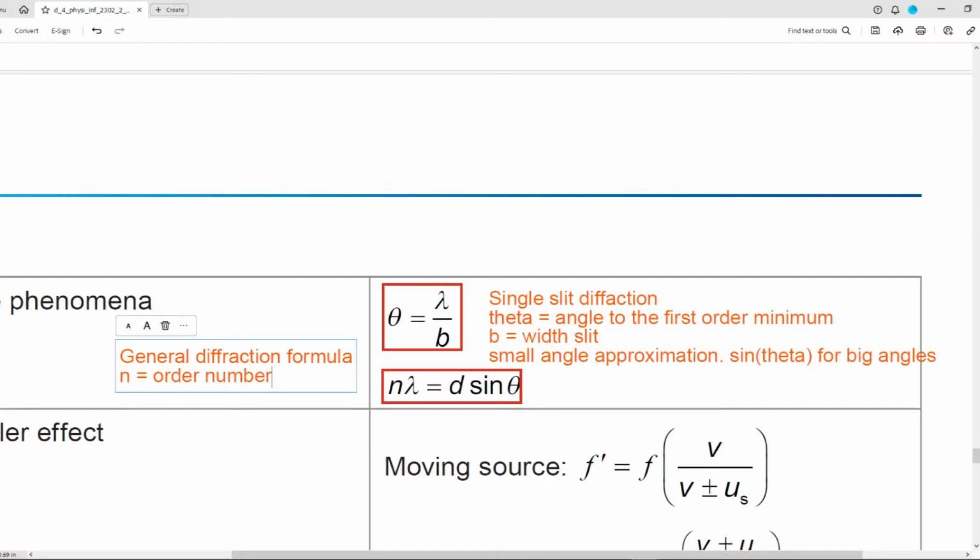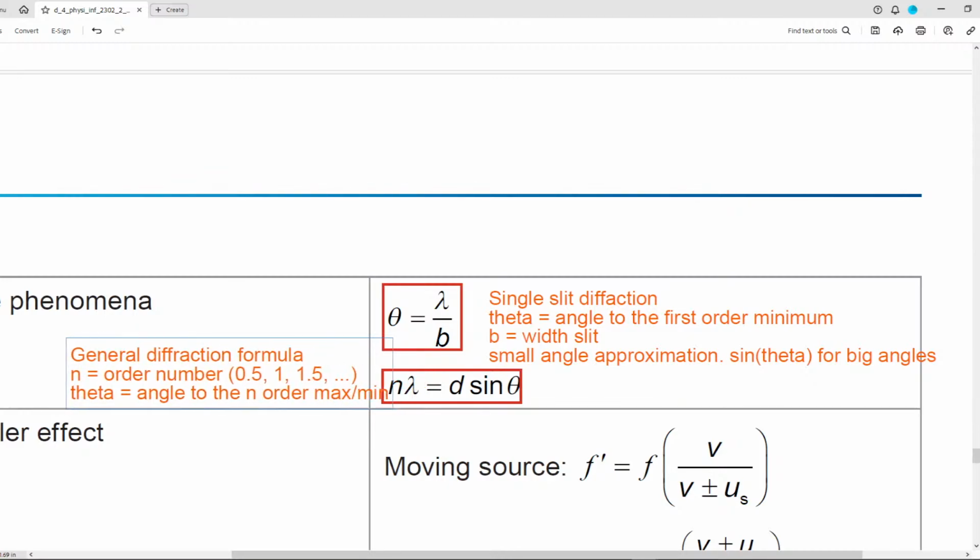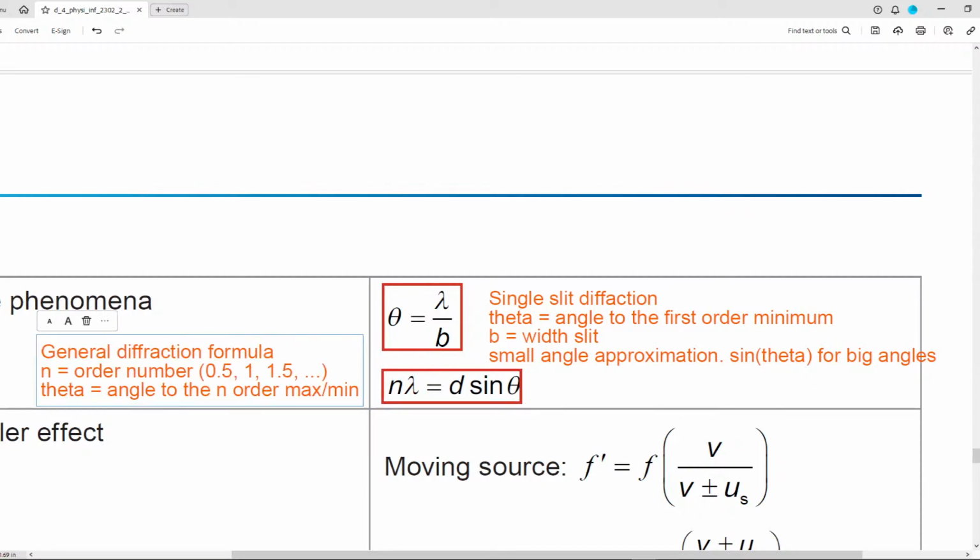It can be 0, 1, 2, 3, and you can even put 0.5, 1.5, etc. And theta is the angle to the nth order fringe, max or min, depending on which one you're looking for.